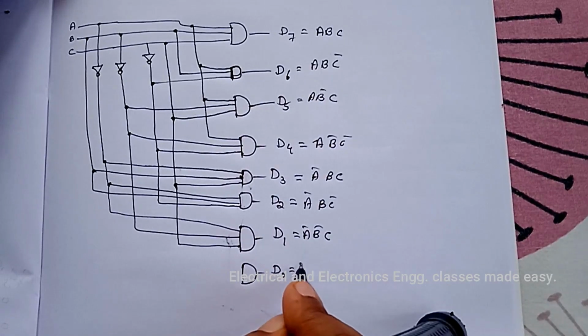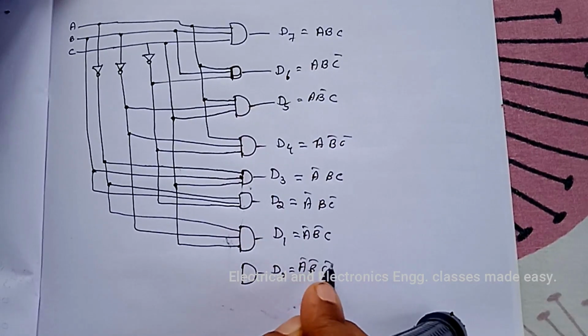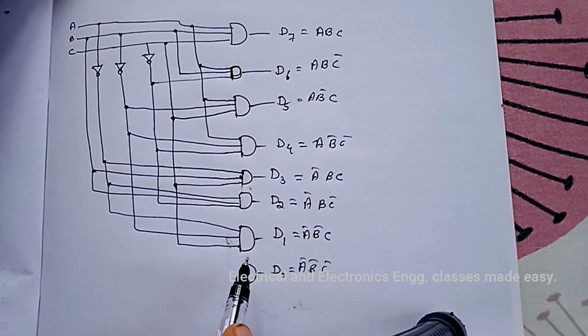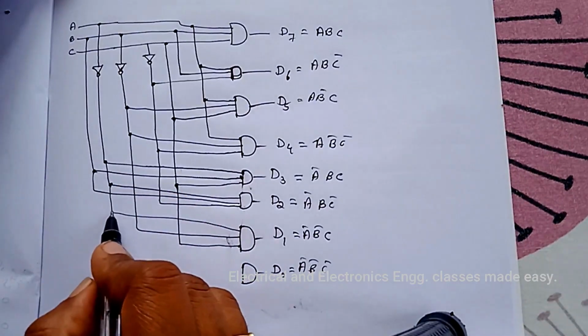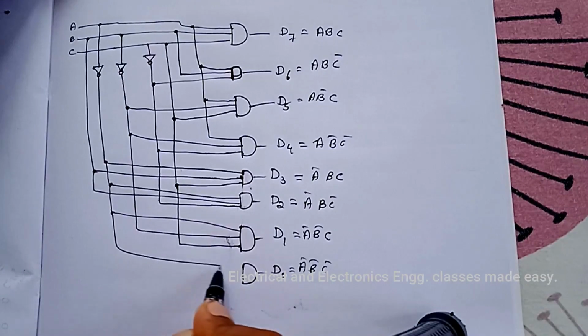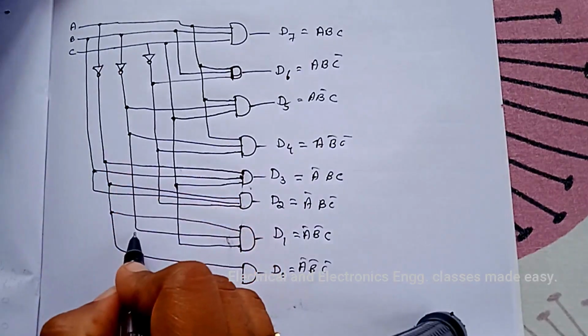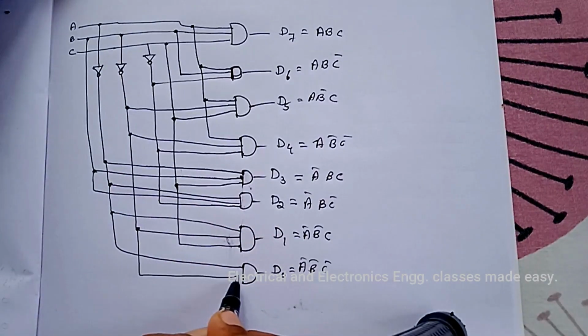D0 is equal to A bar, B bar, C bar, that is A bar is here, then B bar, C bar.